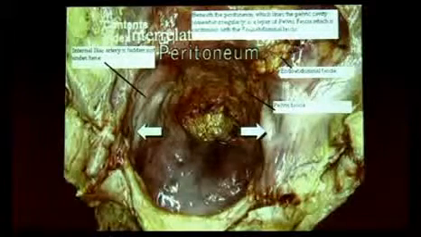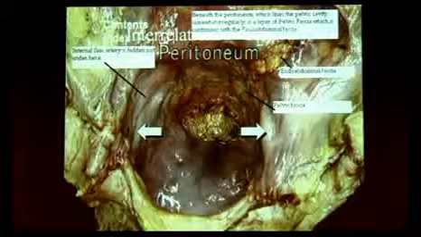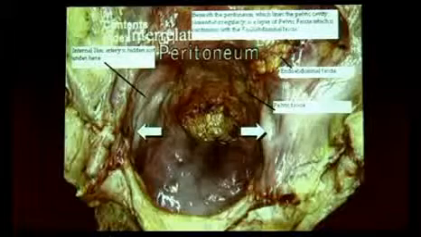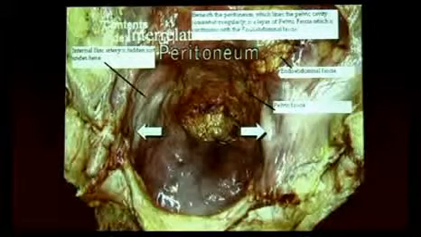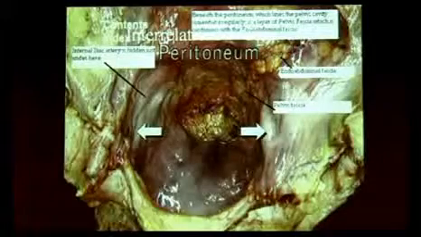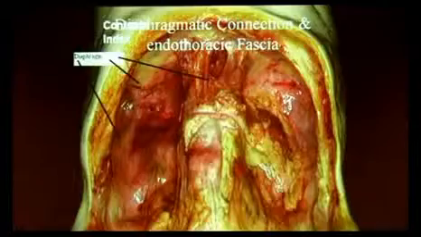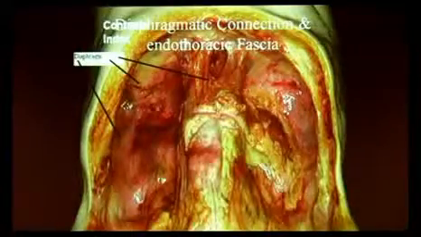We have fascia lata, pelvic fascia, endothoracic fascia, cervical fascia. We have three layers of the cervical fascia. But in reality, it's all one piece, connected to each other. We just call it different names based on the location. Another view is of the diaphragm, inferior view.